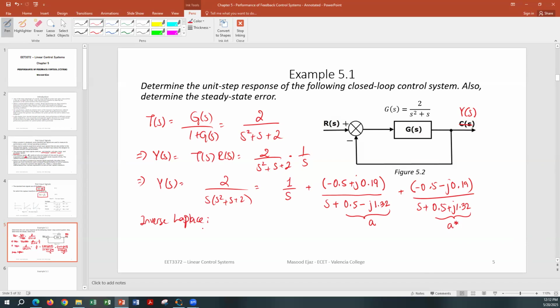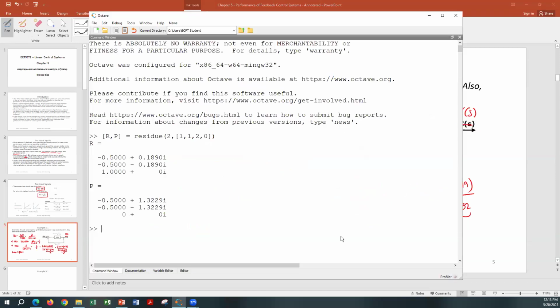Apply the residue function, see if you're getting the same result. Good.